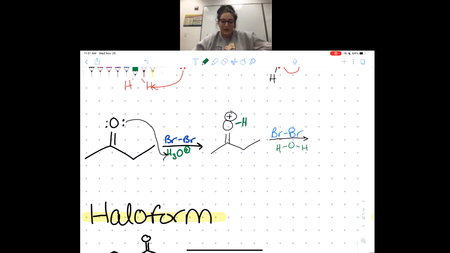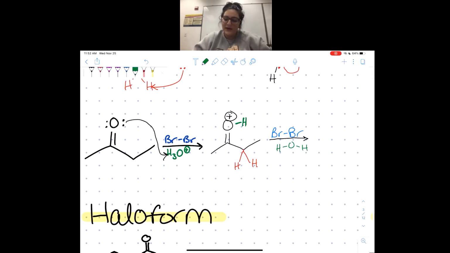Okay, so the point of kind of making this positive is so that these hydrogens are a little bit more acidic. It's a little bit more favorable to steal them. So what do we think can come in and steal a hydrogen from this position? We have Br2 and we have H2O. What do you guys think? Water, exactly.